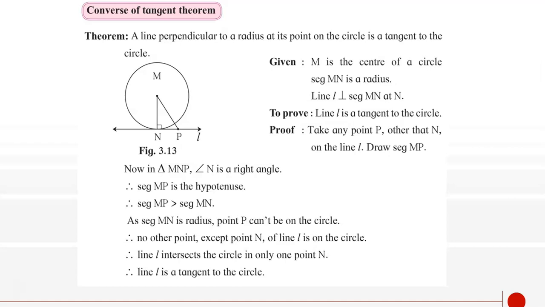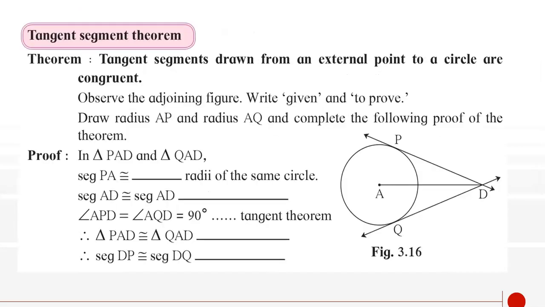That means from line L, only one point is on the circle, that is point N. Therefore, line L intersects the circle in only one point N, and we can say that line L is a tangent to the circle. This is how we prove the converse of the tangent theorem.